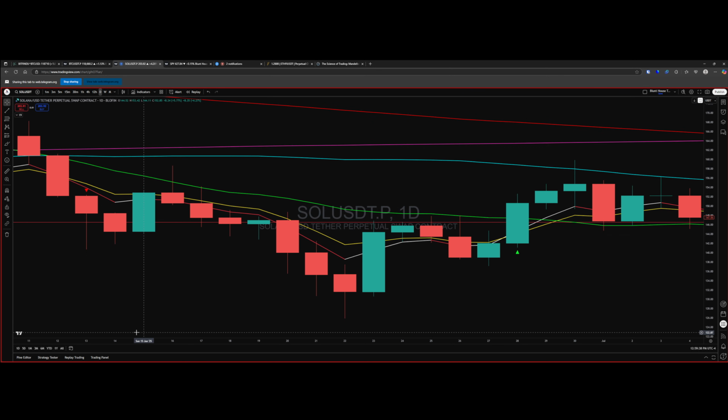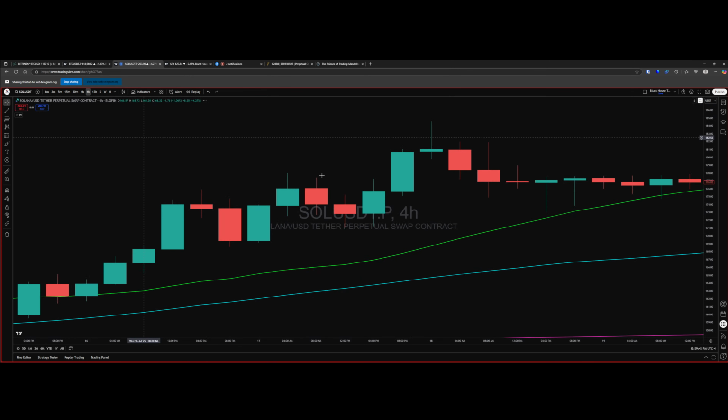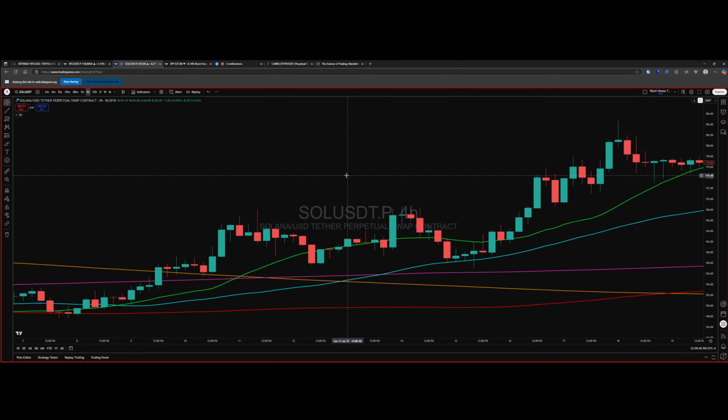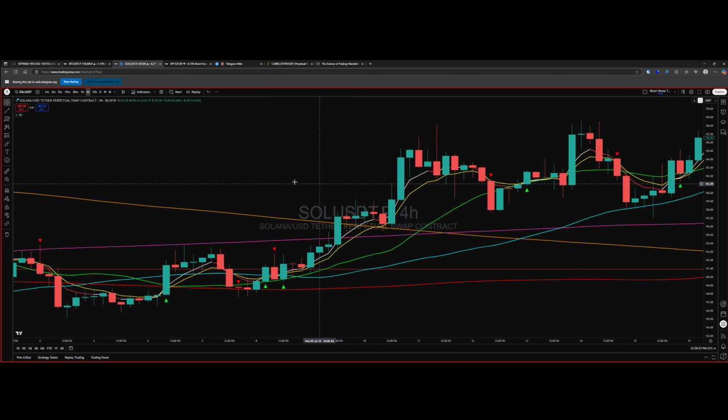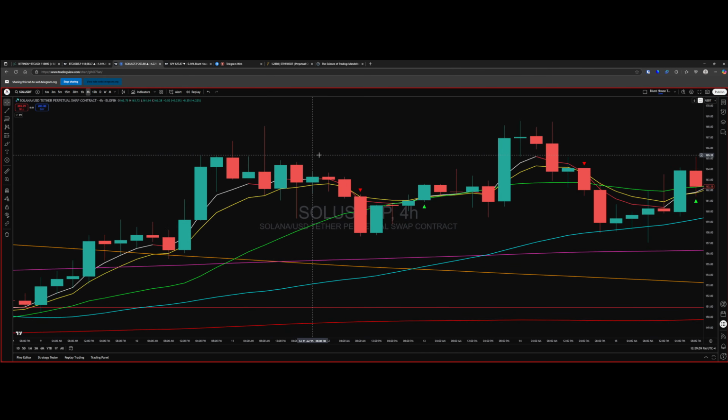And in fact, if we back this up, this is which day? The 28th. Let's go to the 4-hour and see when we actually got the signal on the 4-hour. The 15th. And if you're used to trading the 4-hour, you'd be looking at this candle where you finally get your signal going, damn it, I gave away all this at the bottom.